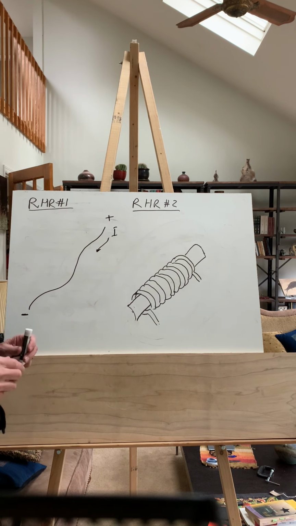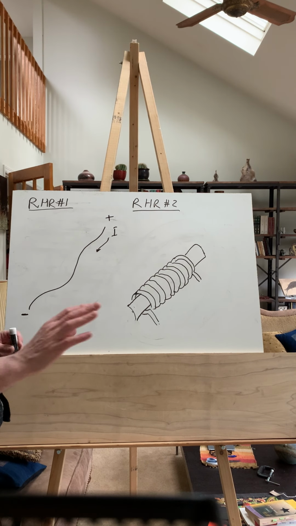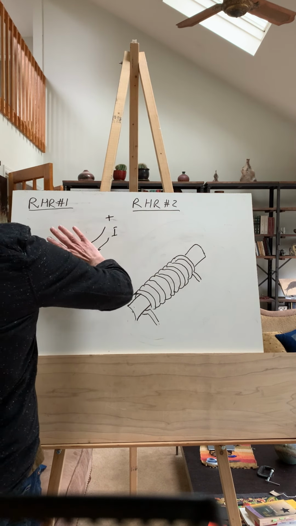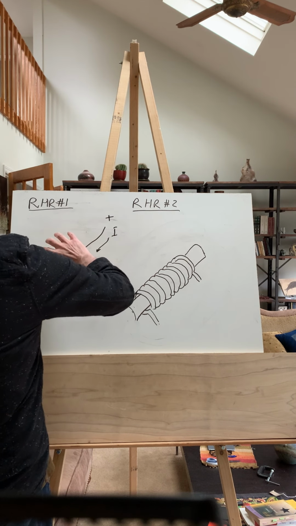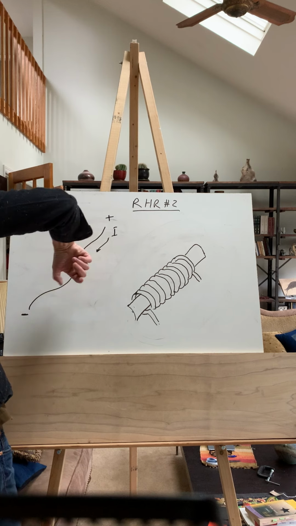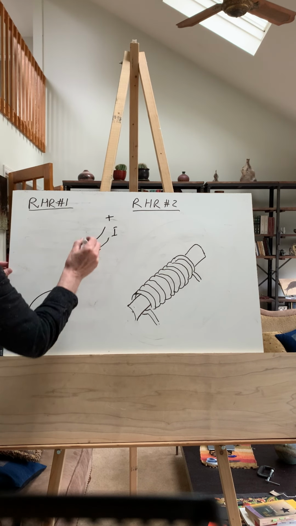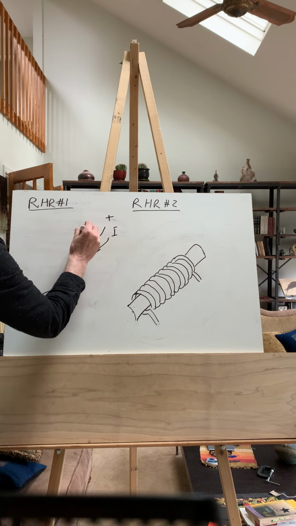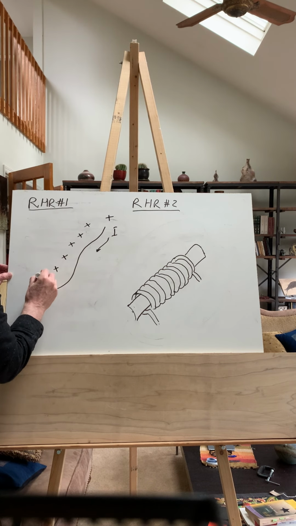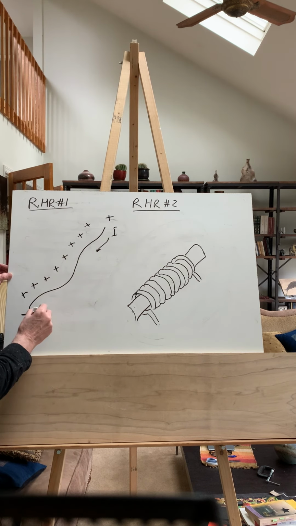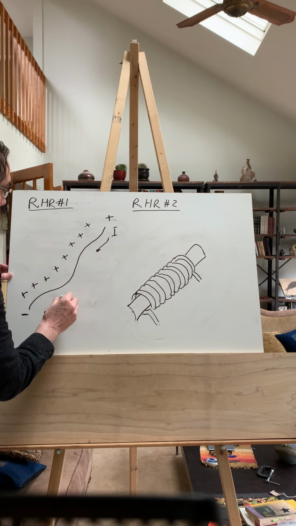Now, right-hand rule number one just tells us the direction of the magnetic field around that wire. You put your thumb in the direction of the current, wrap your fingers. So on this side of the wire, the field's going into the board. This side of the wire, the field's coming out of the board. So into the board, we're going to represent by X's, and out of the board by O's.